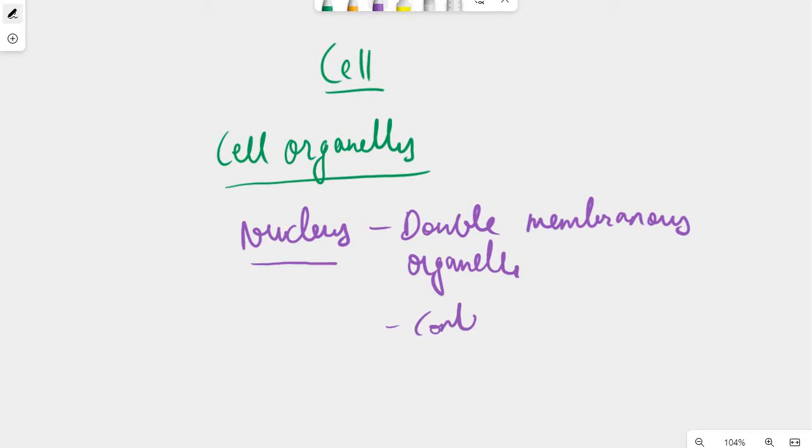It contains DNA in the form of chromatin in a non-dividing cell and chromosomes in a dividing cell.